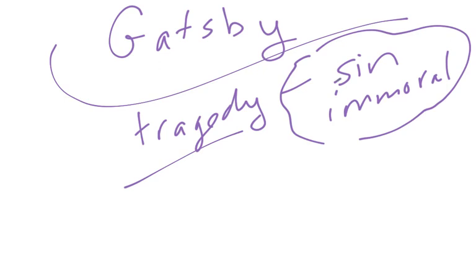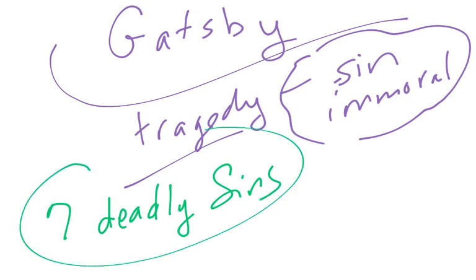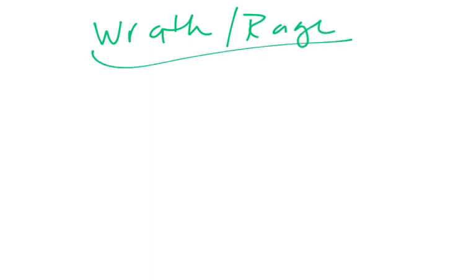So we could classify sin, and we already have a nice little classification system called the 7 Deadly Sins. And we could use all or some of them to classify all the different categories. So, for instance, wrath is a deadly sin, or rage. And so, certainly, Tom falls under that.